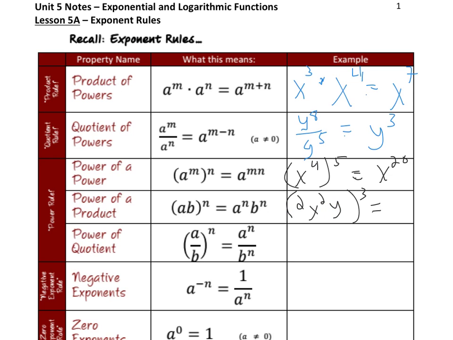So taking it a piece at a time, you're going to have 2 to the third, which is 8. You're going to have x squared to the third, so that's going to give me x to the sixth. And then you're going to have y to the third, which is just going to give me y cubed. So 8x to the sixth y cubed is what we're looking at for an answer there.